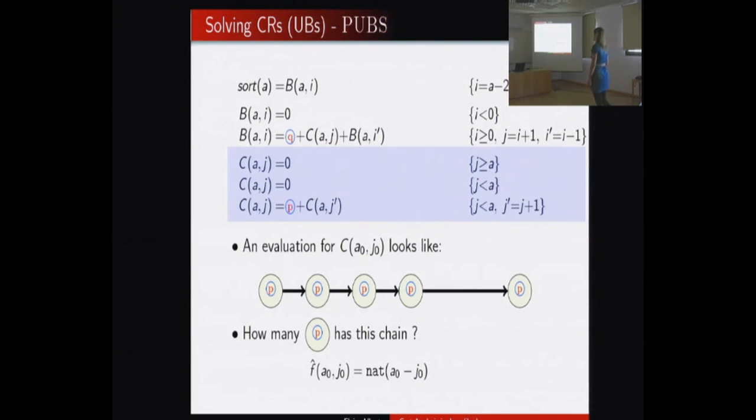So the good news is that we found algorithms that compute ranking functions and are complete for linear ranking functions. Most of the loops have linear ranking functions, and therefore we can find the length of the chains.